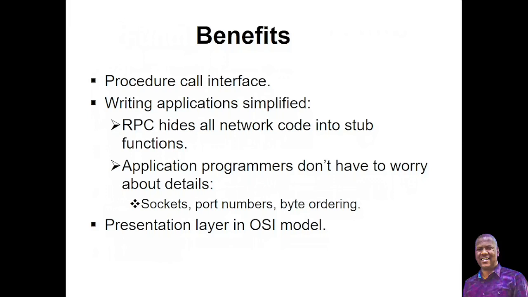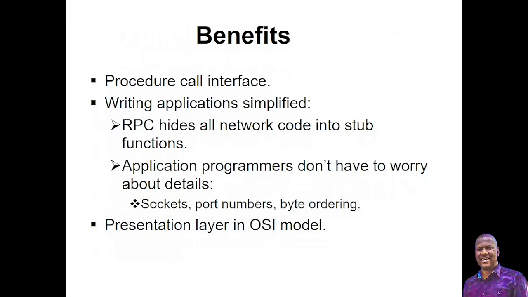So what are the benefits of having the stub? Because the stub is actually the way that we can have these remote procedural calls, right? It offers various procedure call interfaces. Writing applications is also simplified in that it hides all the network code in stub functions. The programmers also don't have to worry about details such as the port numbers and so on.